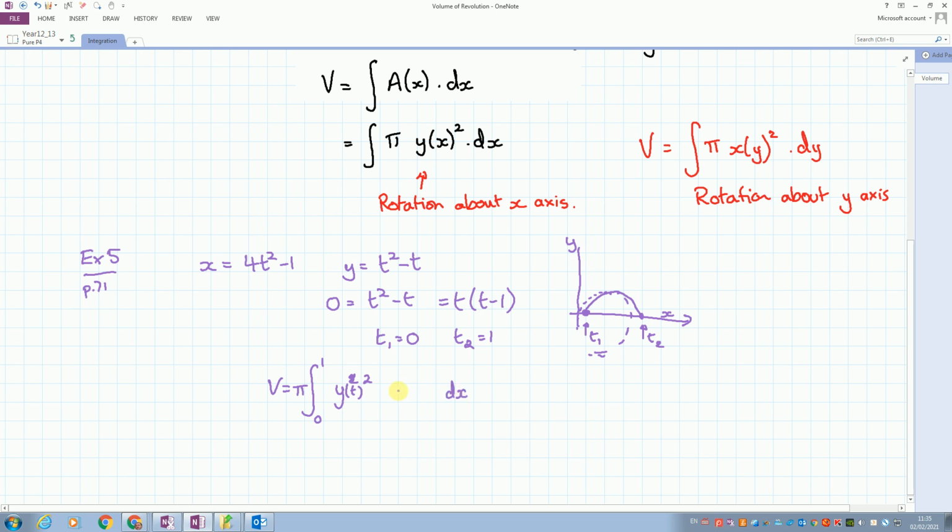I need to get this from dt/dx, and to get dt/dx, remember that we can do it as the reciprocal of dx/dt, and that's how we can actually use our functions to create this volume. So I need to know what dx/dt is, which is going to be 8t.